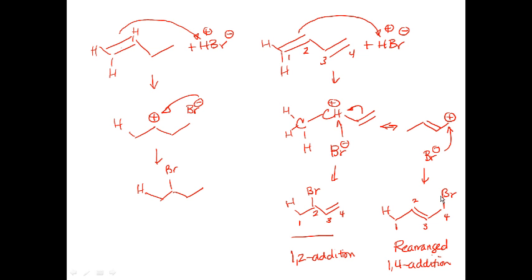Okay, so when I do reactions of conjugated dienes, because of the resonance structures that are possible for the allylic carbon, I'm going to end up with a new product over here that I wouldn't have predicted until I started talking about the resonance structures of allylic carbocations. So that's what our addition reactions to conjugated dienes look like.